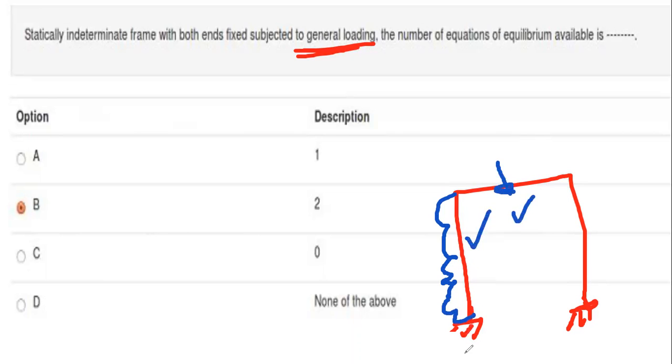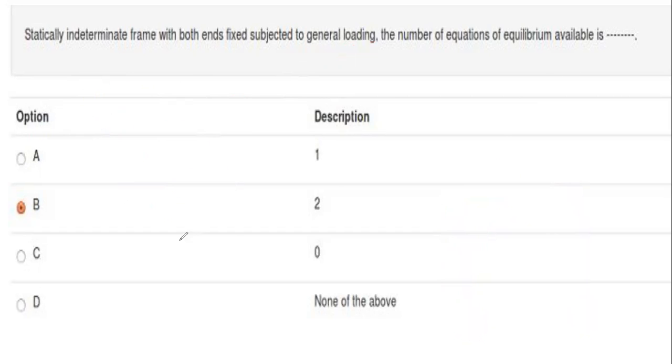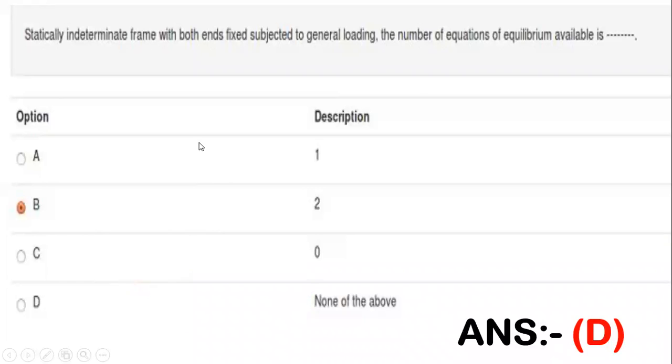So for a frame under general loading, the available equations are summation Fx, summation Fy, and summation of moment equal to 0. These are the three conditions available to solve this frame. Option A is 1, B is 2, C is 0, option D is none. So option D is the answer because the answer is 3.